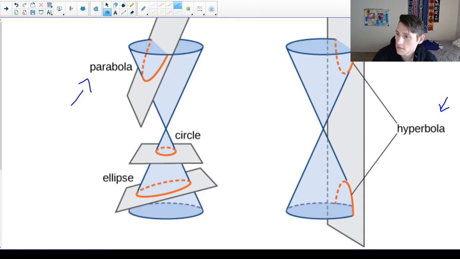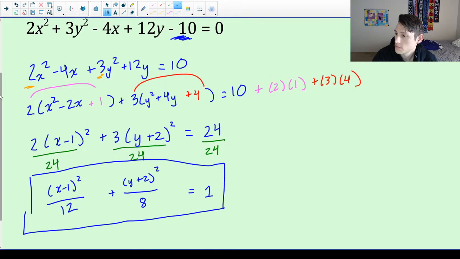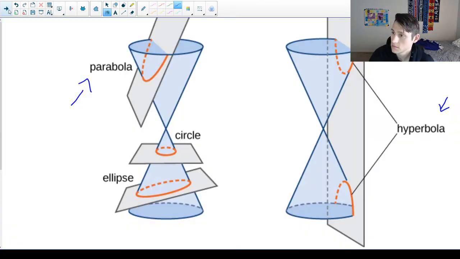Going back for a second. And so the hyperbola, notice these pieces of the hyperbola look like parabolas.